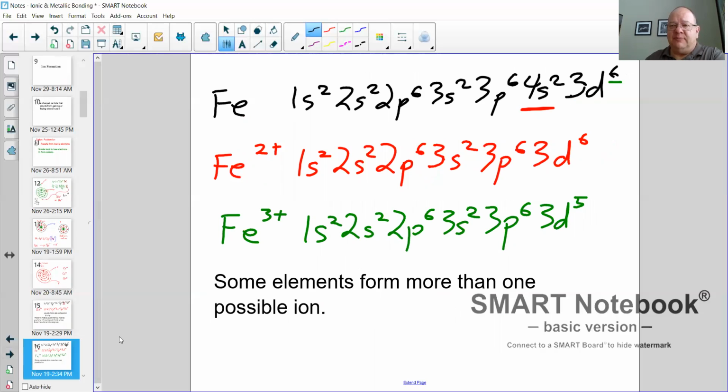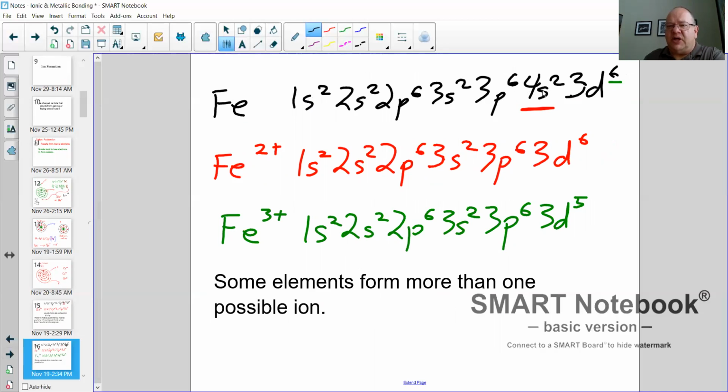Now, sometimes elements form more than one possible ion. So let's take a look, and I'd recommend that you actually draw out an electron configuration for iron. Iron has 26 electrons. So 1s2, 2s2, 2p6, 3s2, 3p6, 4s2, 3d6.